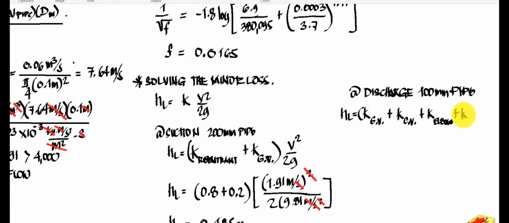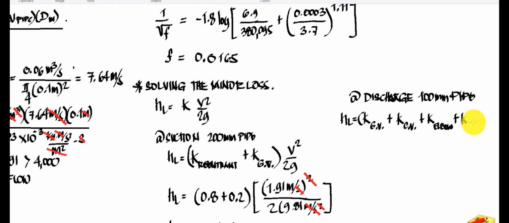So I'm gonna write here K of exit, so 5 exits. Then multiply it by the velocity squared over 2g.